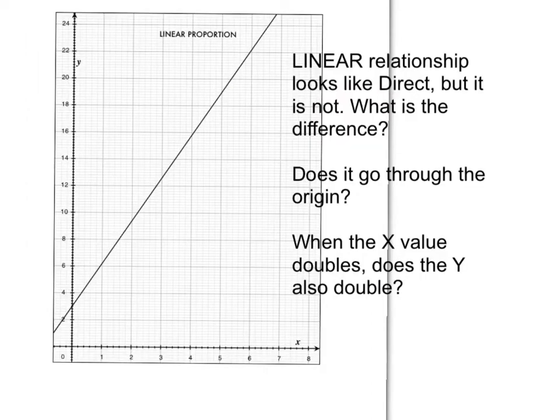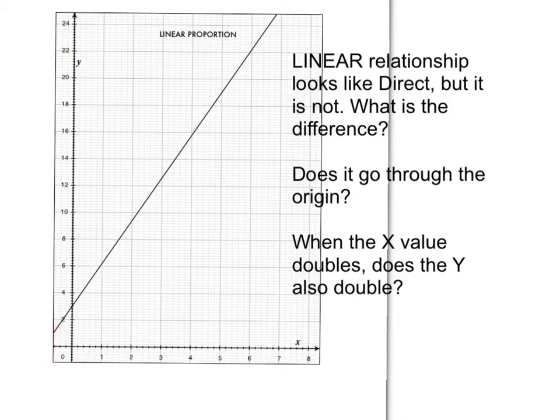Now, what can get a little bit tricky is that a linear proportion can sometimes look like a direct proportion. It's the same thing. It's a straight line. You can see that the axes have numbers that are both increasing in value that look like they're moving along at about the same increments. But what you'll notice here is that this line does not indeed go through the origin.